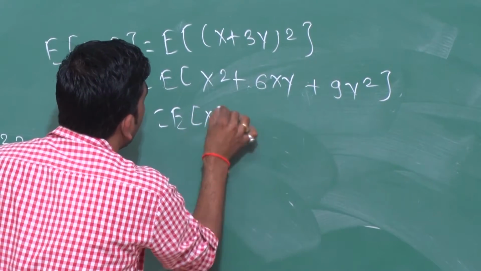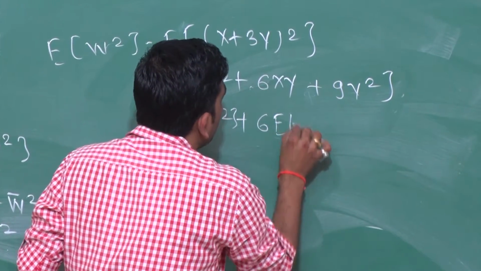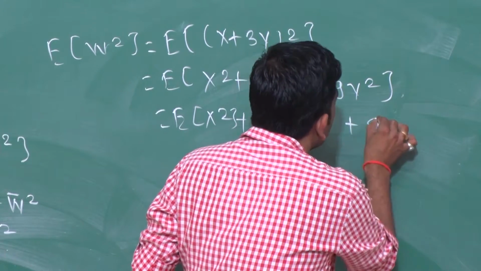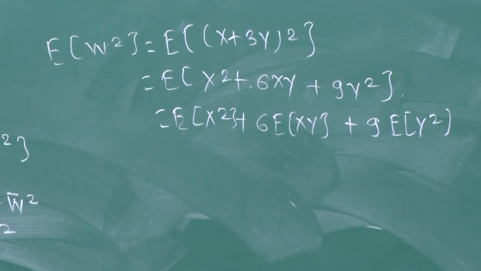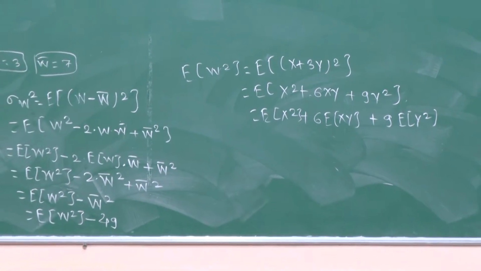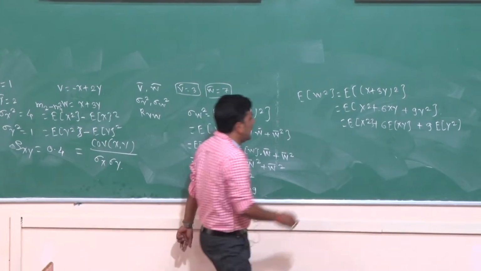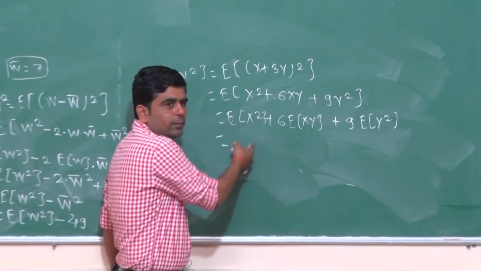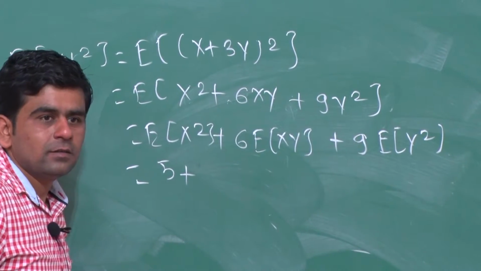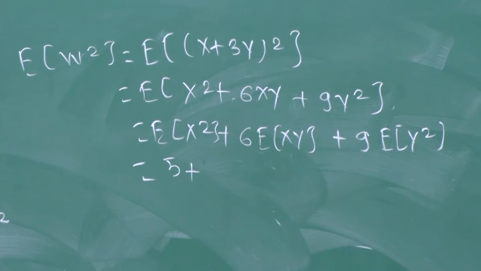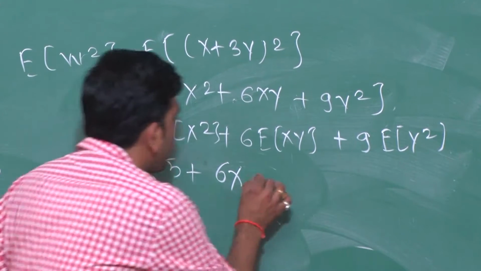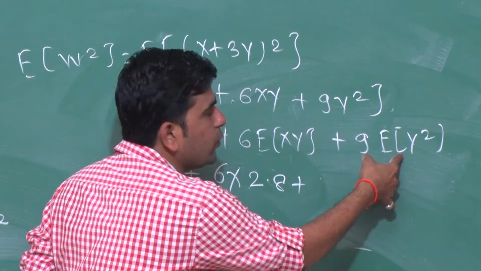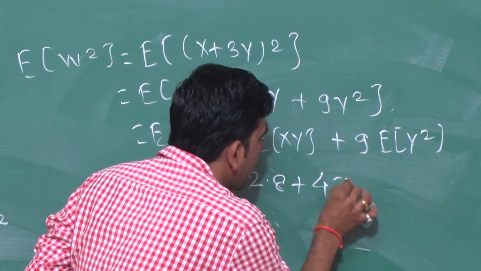So we will get expected value of X square plus 6 into expected value of XY plus 9 into expected value of Y square. So here expected value of X square is 5. Is it correct? Expected value of X square, the second moment about origin for random variable X, is 5, plus 6 multiplied with expected value of XY, 2.8, plus 9 into expected value of Y square, 5, that is 45.